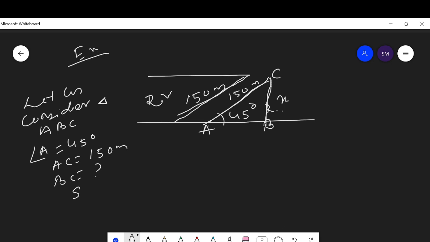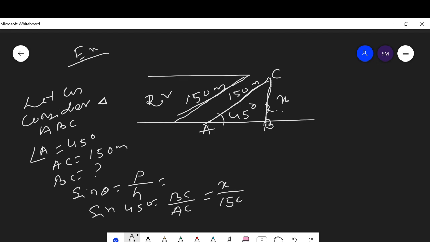Applying sine theta, you know that sine theta is equal to perpendicular upon hypotenuse. Here sine 45 degree is equal to BC upon AC. Let the width of the river BC be x, and AC is the length of the bridge, which is equal to 150.